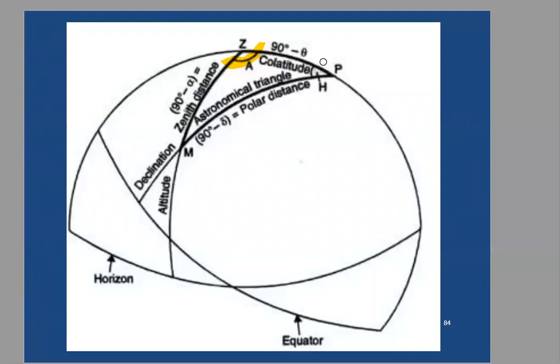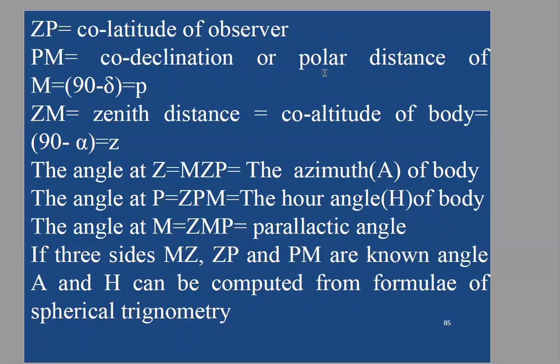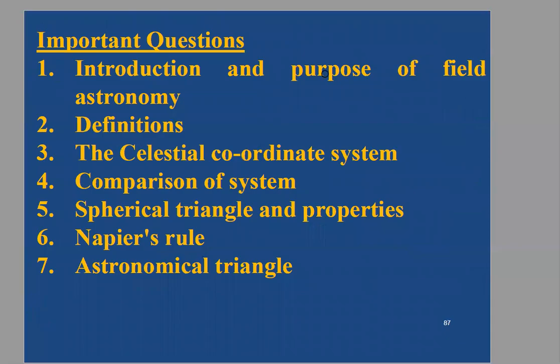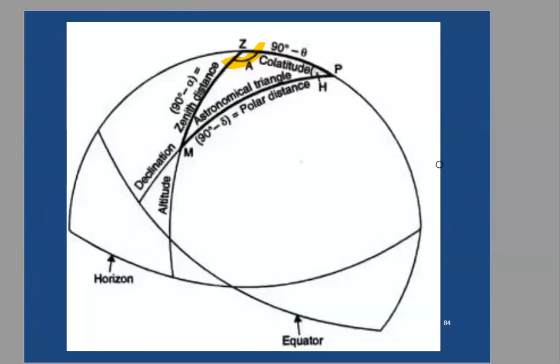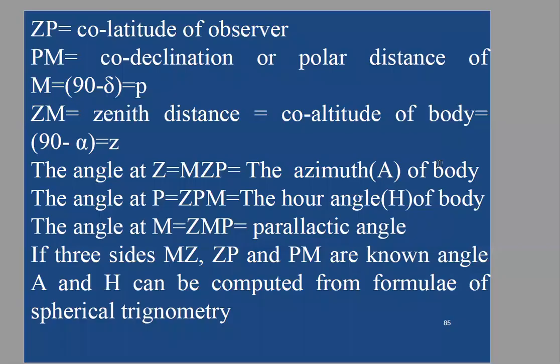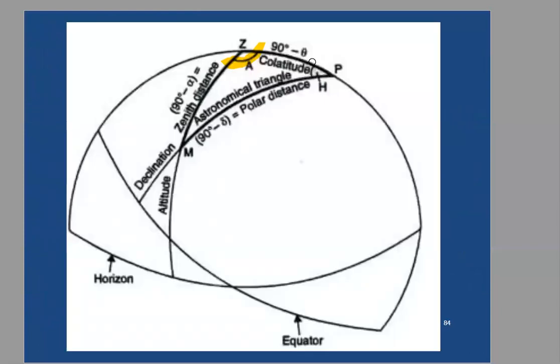Then we have the angle at P, which is ZPM, the hour angle H of the body. This is your hour angle, and this is your azimuth A.